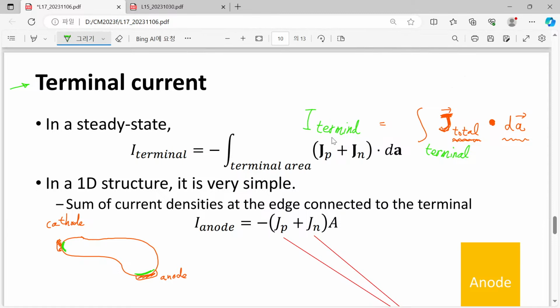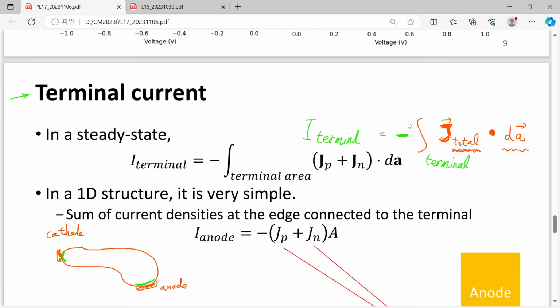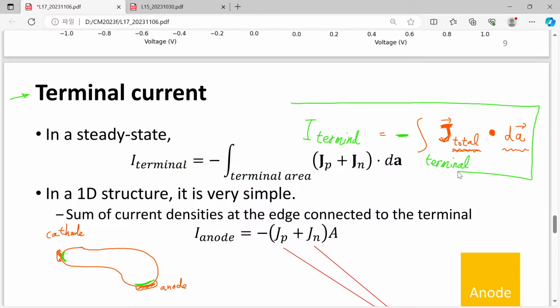The final correction is that here we have a negative sign. This negative sign seems to be quite annoying and redundant, but it is really important. Everybody in electronic devices adopts this convention, so please adopt this one.